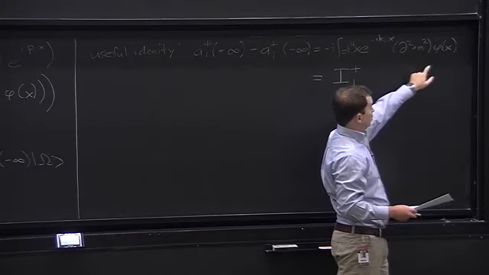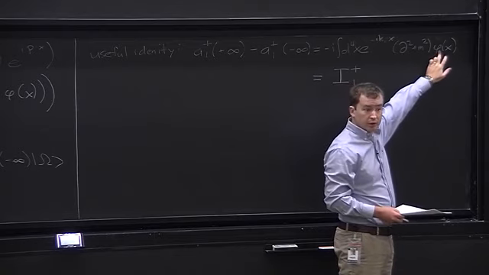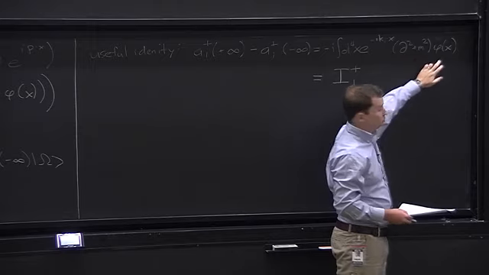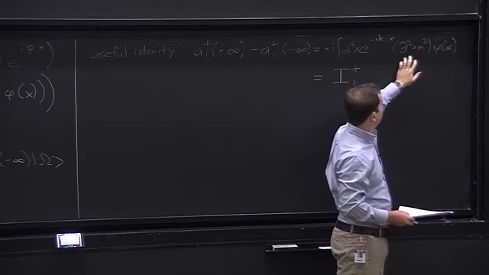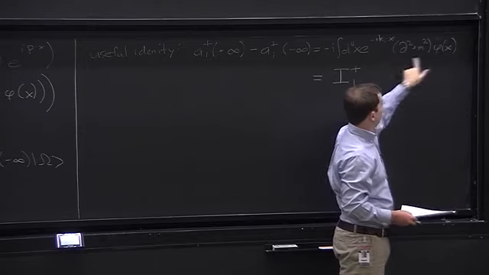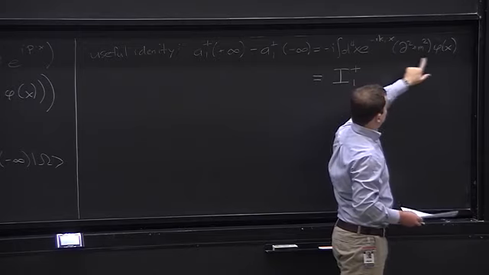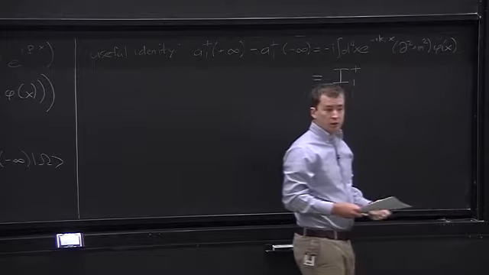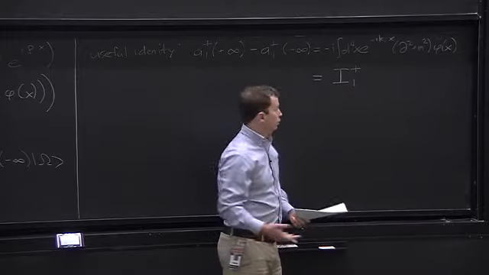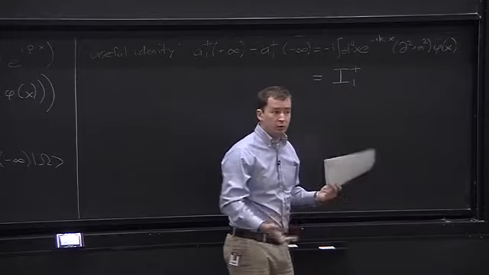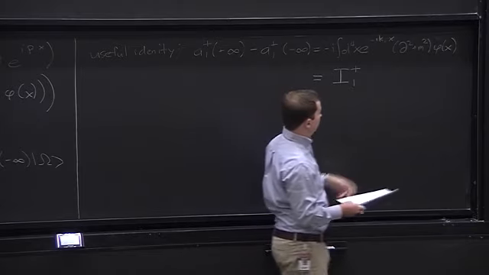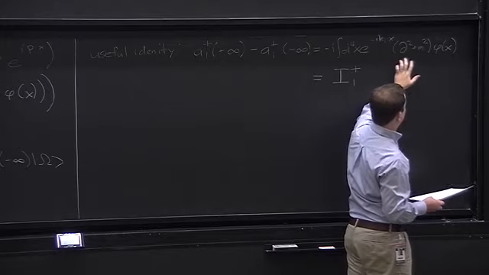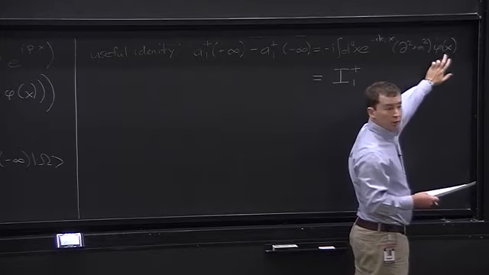Here we've got the Klein-Gordon operator acting on our field. Well, the Klein-Gordon equation says that this is 0 if we've got a free theory. But we're looking at an interacting theory. So our equation of motion will have additional terms, and will be something other than the Klein-Gordon operator acting on the field being 0.